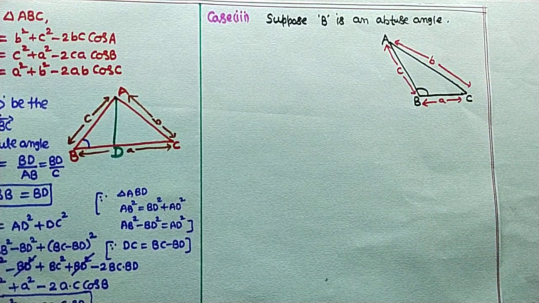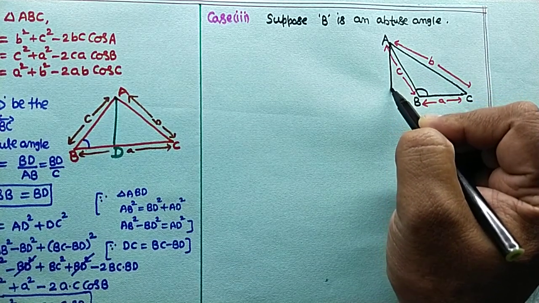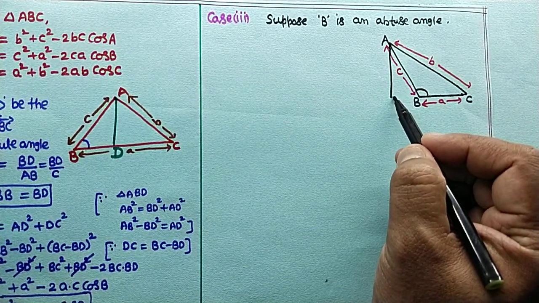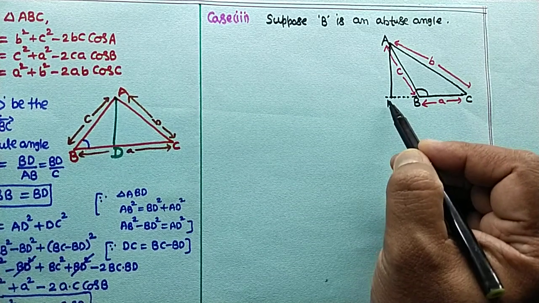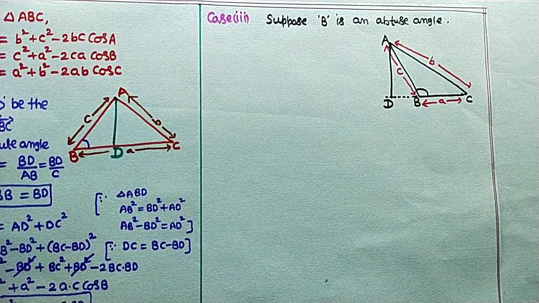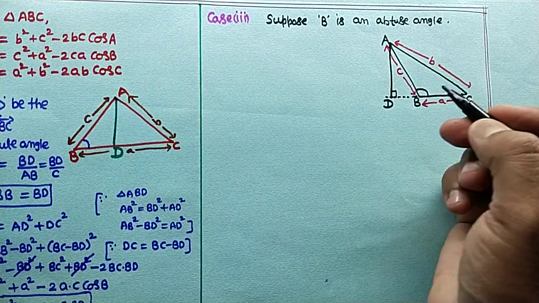And from A, you draw one perpendicular and produce it to the side BC. Here is the point D. D is the foot of the perpendicular from A, and here it is a right angle.